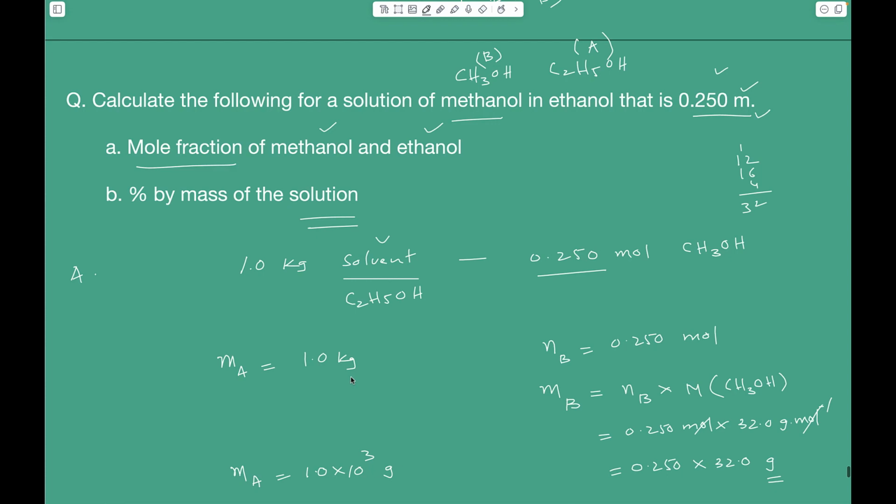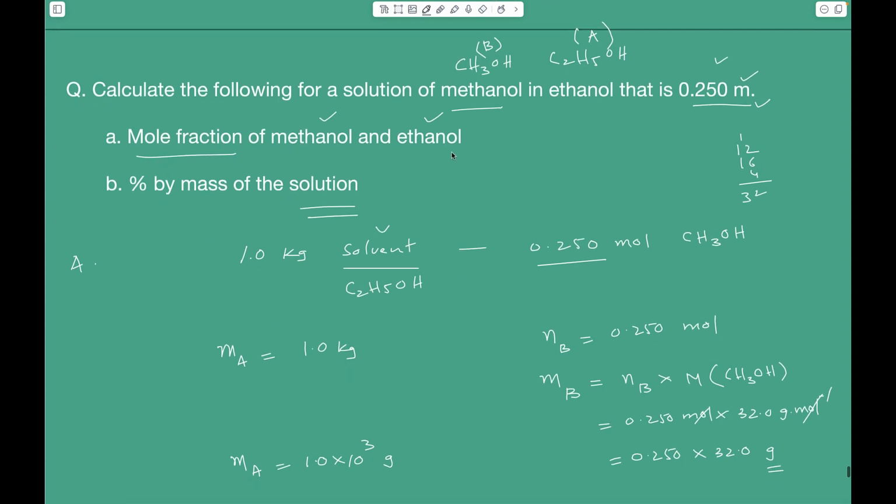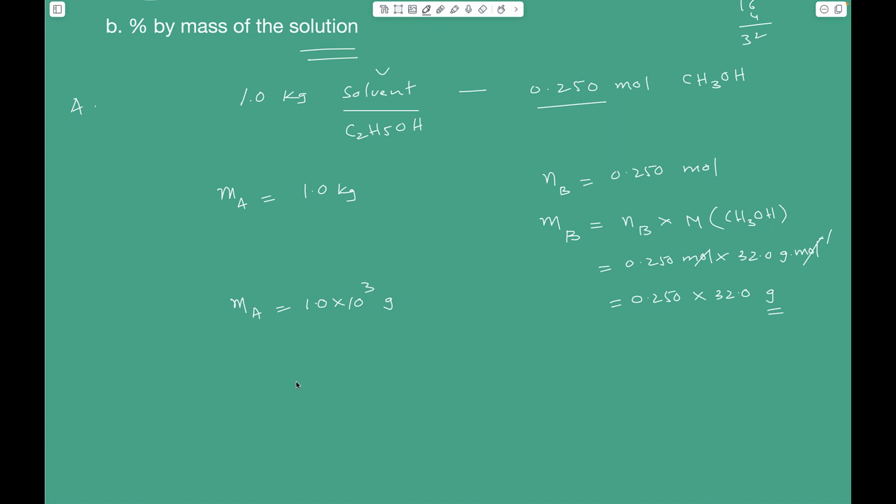Now what do we have to calculate first? Mole fraction of methanol and ethanol. Now the mole fraction of solute, that is methyl alcohol, is the number of moles of solute over the total number of moles present in the solution.